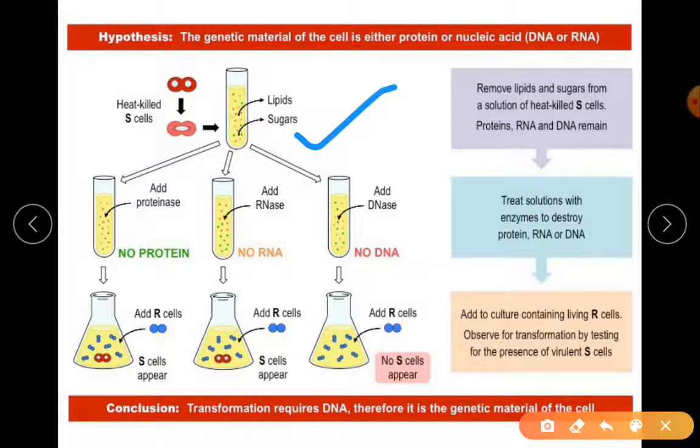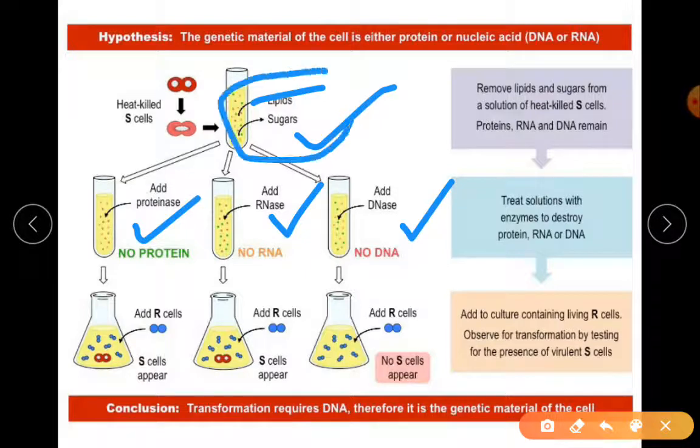Lipids are there, sugars are there, nucleic acids are there, proteins are there. In that, he went on adding enzymes one by one. For lipids, lipase was destroying them. Then you can see, for proteins, proteinase, for RNA, RNase, for DNA, DNase, and for carbohydrates, the corresponding enzyme.